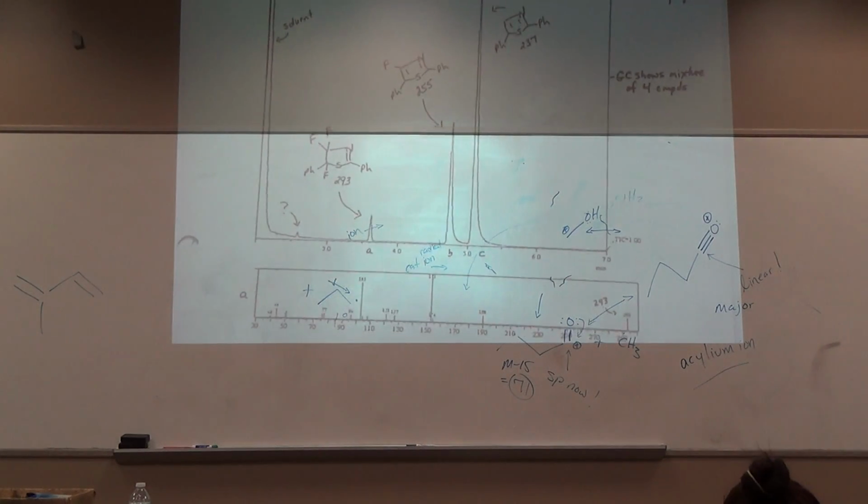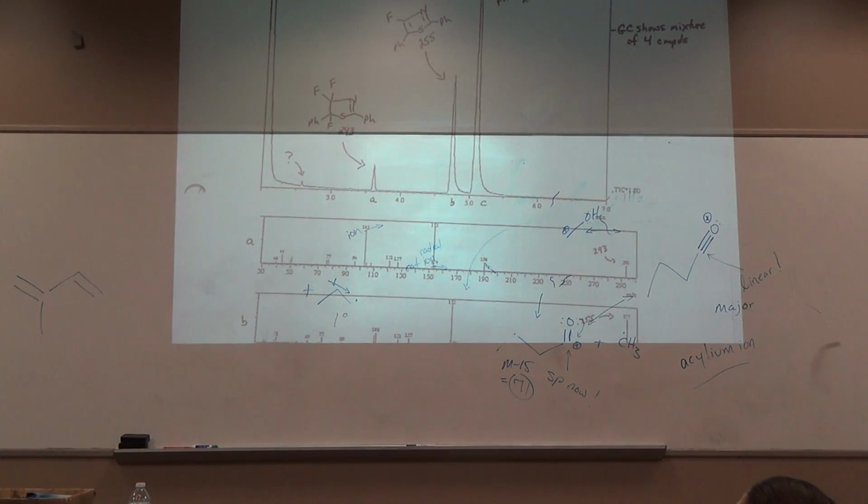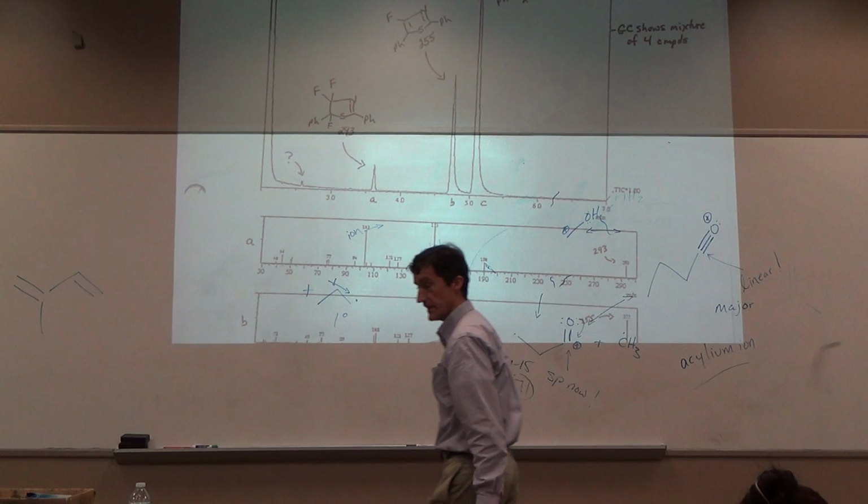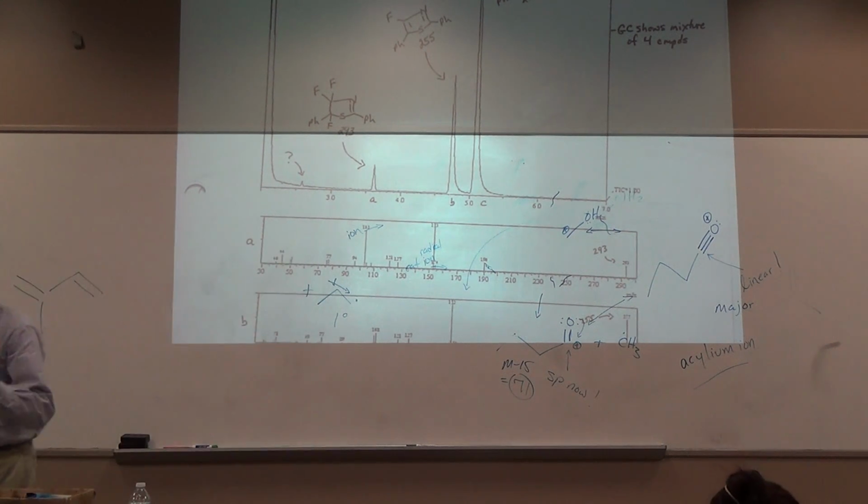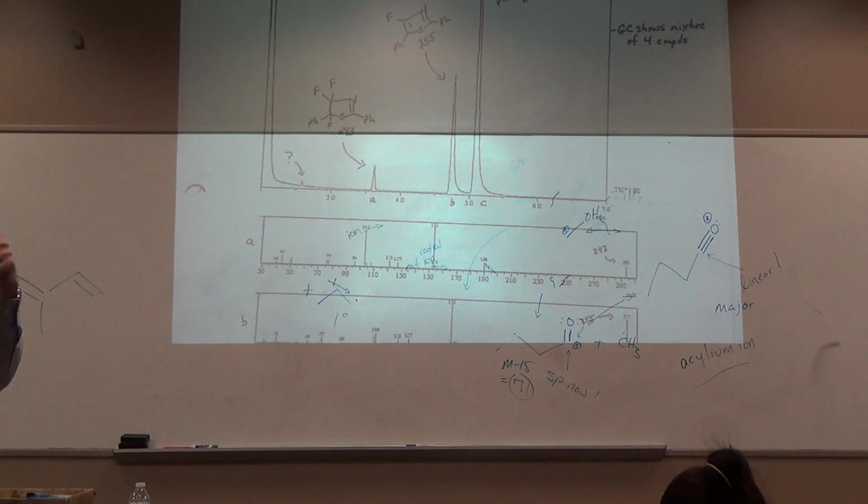The next page is an example of a GC mass spec. You're doing GC mass spec in lab this week. Gas chromatography is often coupled with mass spec. Gas chromatography is generally similar to TLC, which you did in lab, except that was just on a little thin layer of silica gel. Gas chromatography is actually a big, expensive instrument.